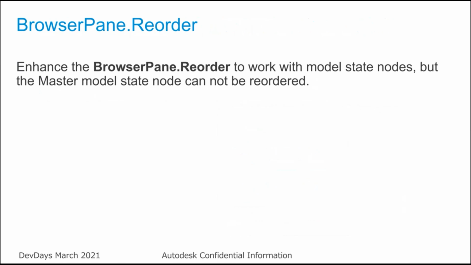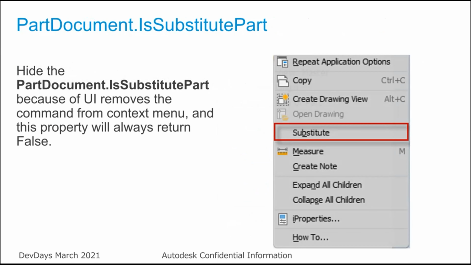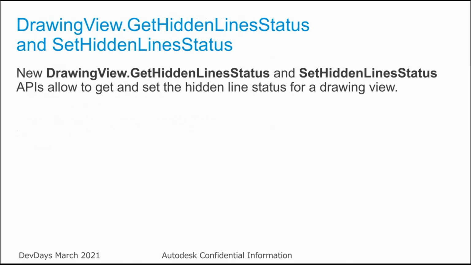Again, the reorder API is extended to support model state nodes as well, but the master model state node cannot be reordered. For each substitute part, we are hiding this for this time because the UI removes this command from the context menu, so this property will always return false.